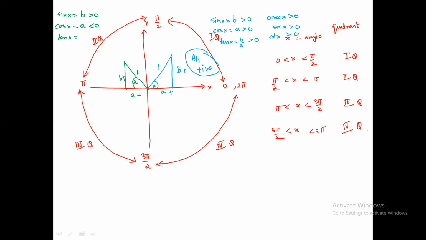Tan x is B by A. B is positive, A is negative, so on the whole, it will be negative. That means cosecant x will be positive, secant x will be negative, and cot x will be negative. So here sin x and cosecant x both are positive. Only these two are positive.